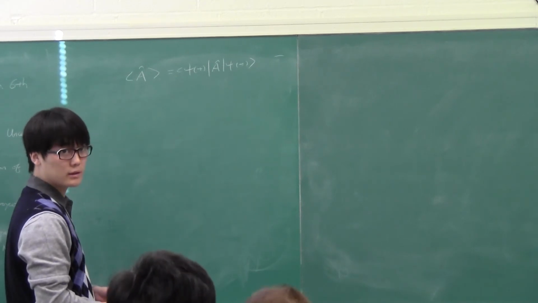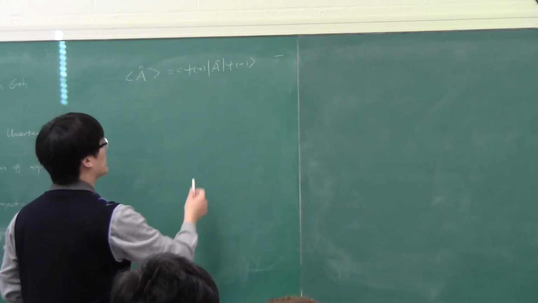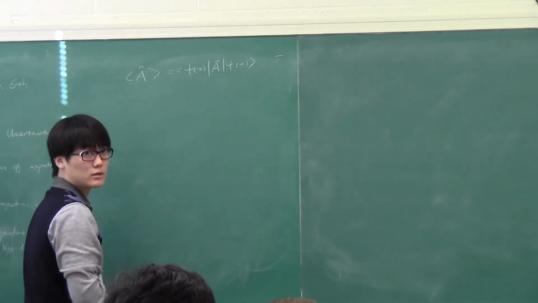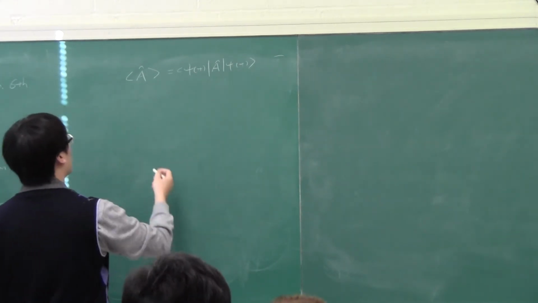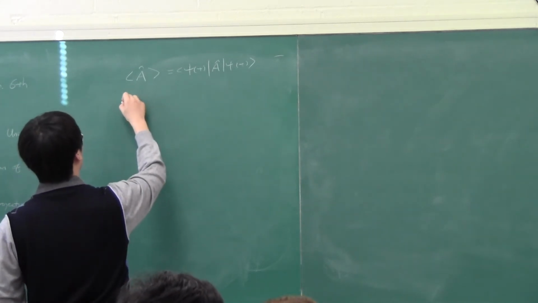To interpret this, you must remember that if we're talking about expectations, then it only makes sense if this time and this time are the same. So now I can study the time derivative of this thing.